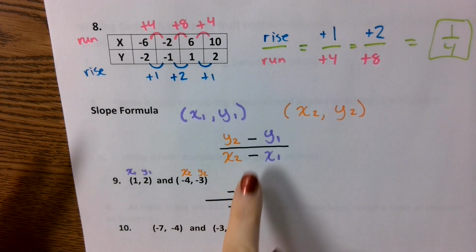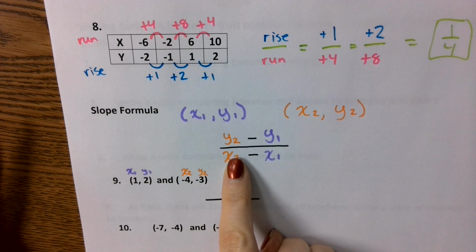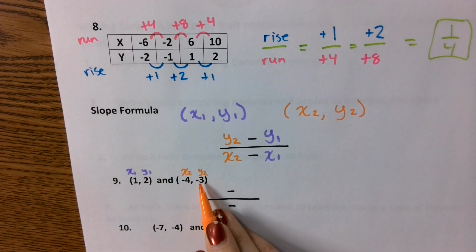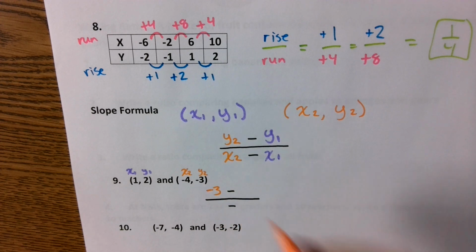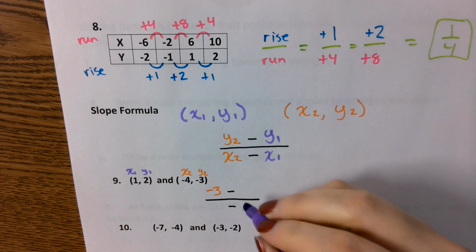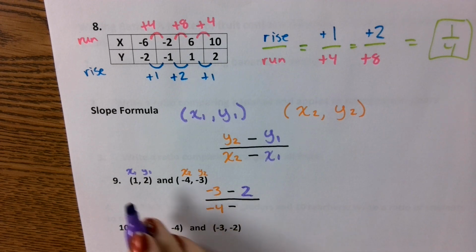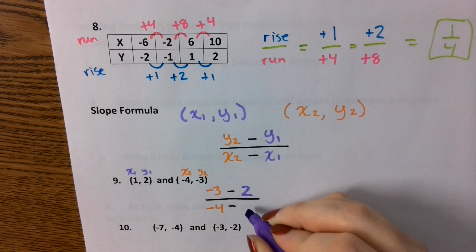So for here, again, I'm filling in my y2 minus my y1. My y2 value is a -3. My y1 value is a +2. For my denominator, I'm doing x2 minus x1. So my x2 value is -4. My x1 value is a +1.